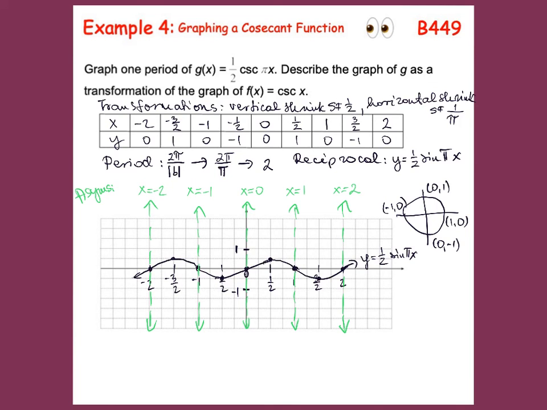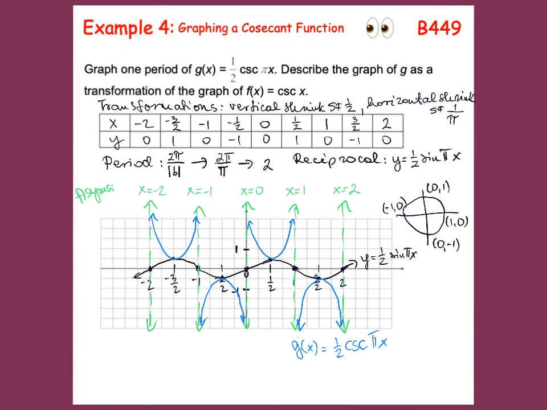We can actually graph now our cosecant function. So let's go ahead and graph those nice cups. Here is facing up, and here is facing down and facing up and facing down. And again, make sure your cups are in between your asymptotes. So my blue graph here is g of x equals 1/2 cosecant pi x.